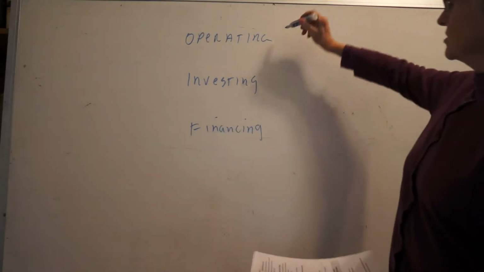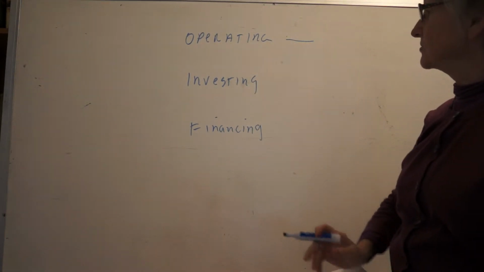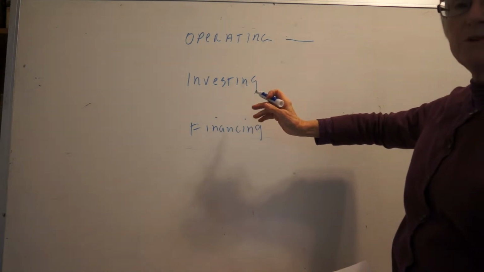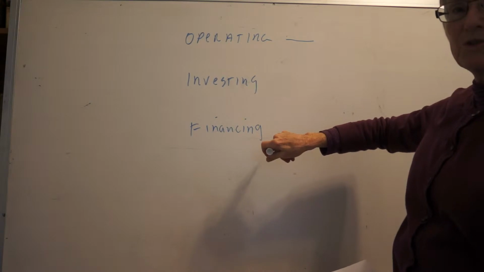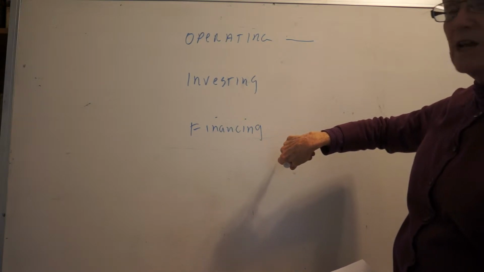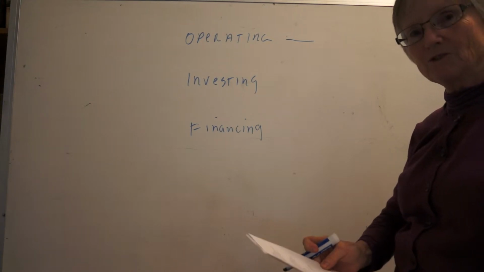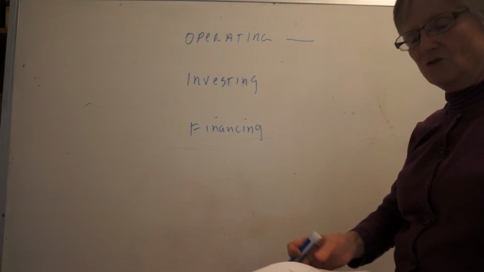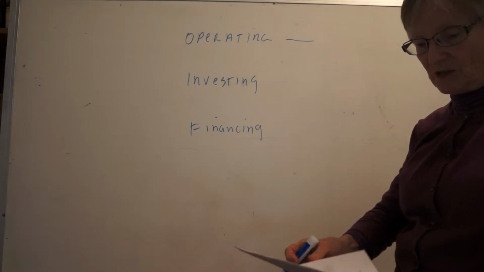Where you would like to see them getting it is from their operating activities. Because if they're getting it from selling off equipment to pay their bills, that's not so good. If they're getting it from just issuing more stock or taking on massive amounts of debt, and they've got negative cash flows from operations, that's not so good. And these are things you can look at by scanning a statement of cash flows.